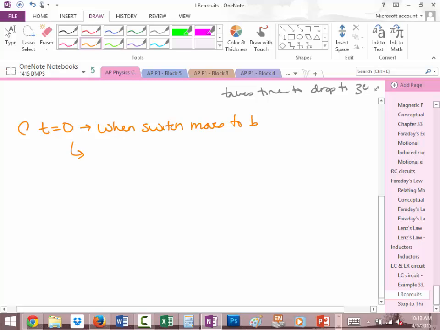We've now got a loop, so we can apply Kirchhoff's rules. There is some potential across the resistor because there was current, and there is some potential across the inductor, and we know that those have to add up to 0.